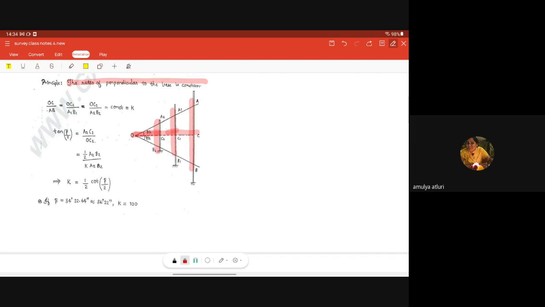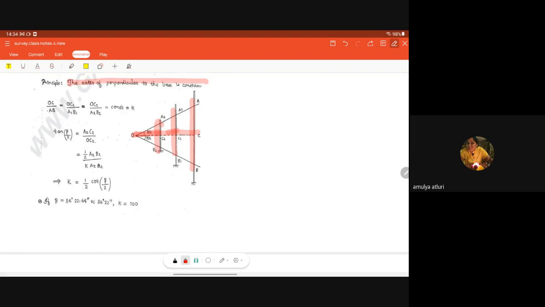Okay. So then my tan beta by 2 is nothing but opposite side by adjacent side, right? So what is the opposite side? A2C2 divided by OC2.